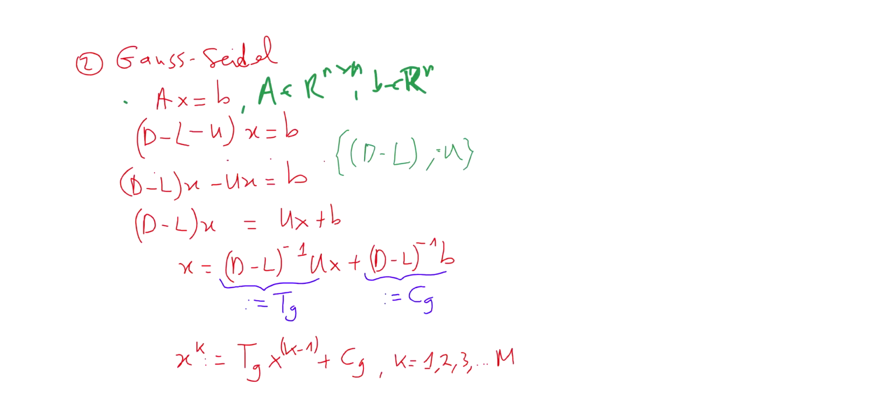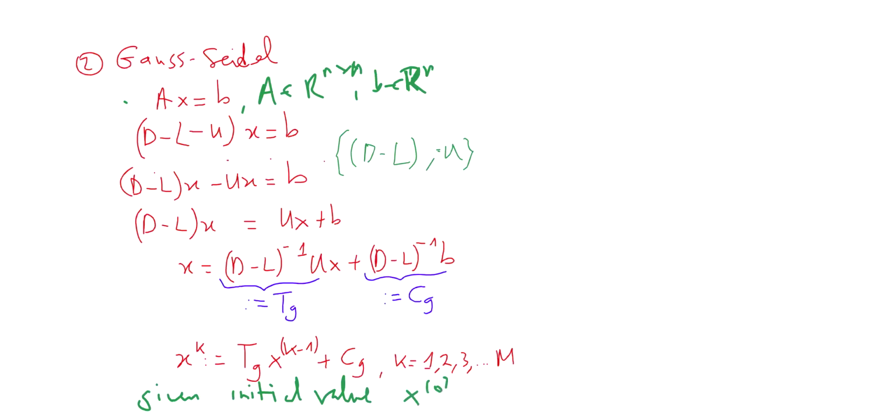Subsequently, you multiply through by the inverse of D minus L. So if we do that, we have (D minus L) inverse of U x plus (D minus L) inverse of B. And then again this gives you x^(k) = Tg x^(k-1) plus Cg. And usually you are given some initial value of x0. Okay.